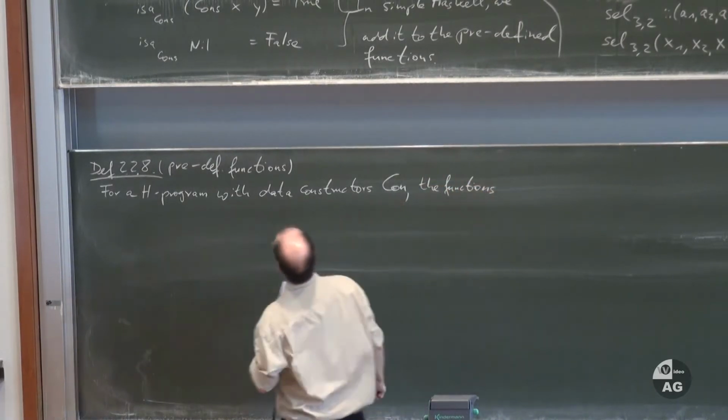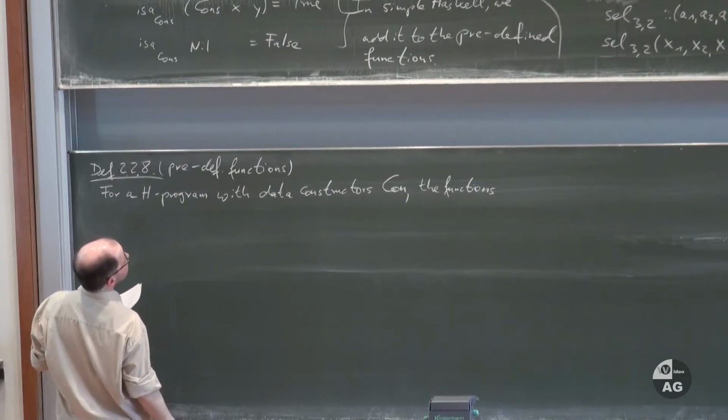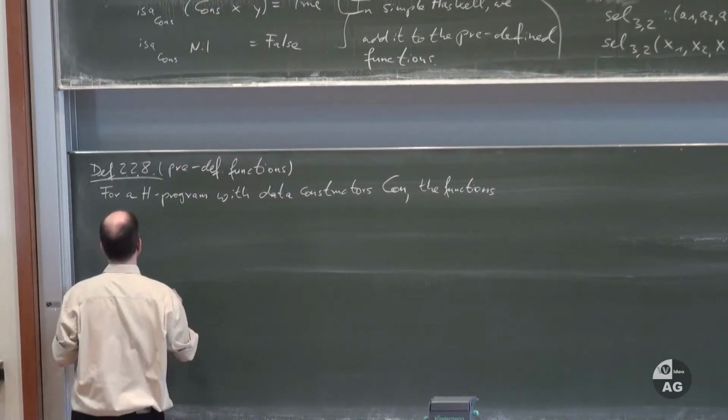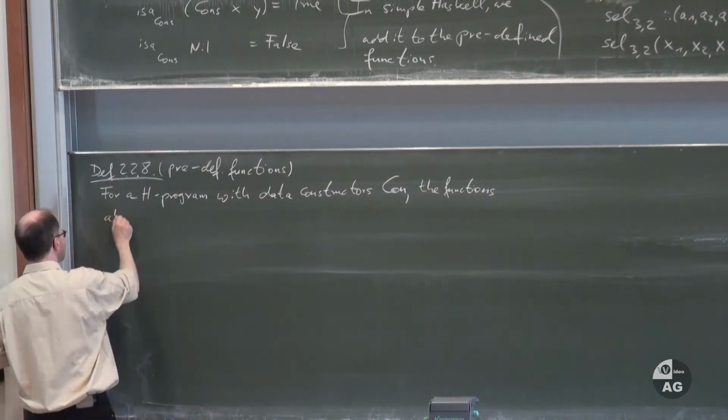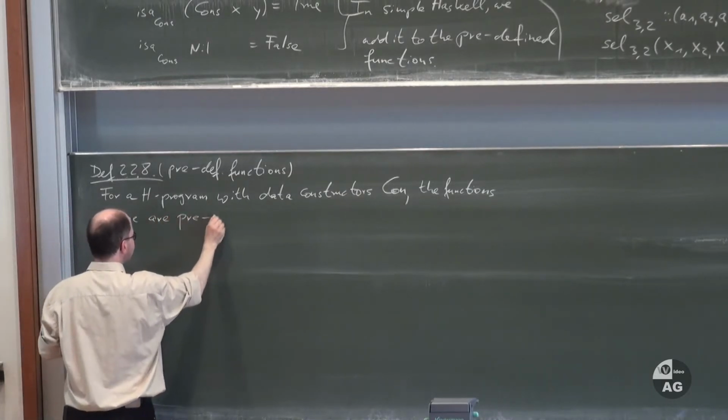The functions bot, is a constructor, arg of constructor, is a n-tuple, and cell n i. So the functions above are considered to be predefined.